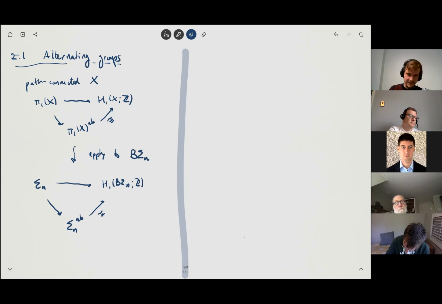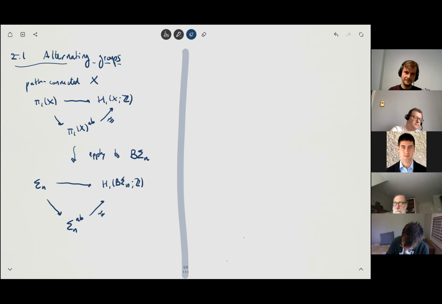And this is an isomorphism. So what this tells you is that if you could understand H1 of the classifying space of the symmetric group, you are equivalently understanding the abelianization. So we'll use this to figure out what the commutator subgroup of the symmetric group is.